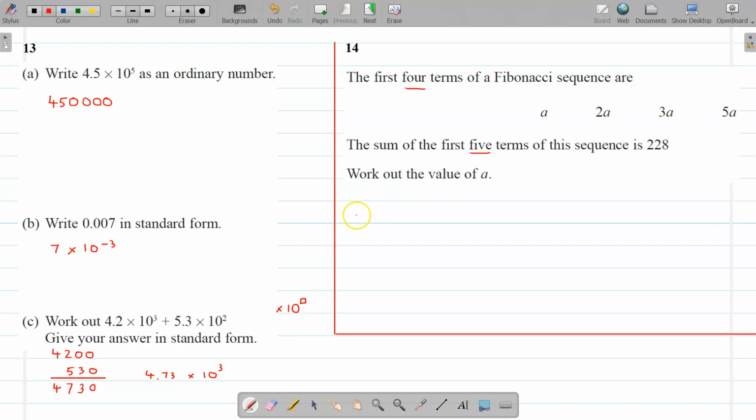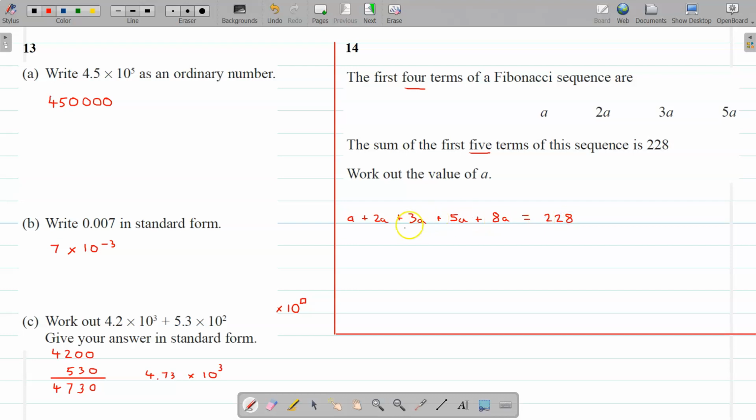So what I've got is that A plus 2A plus 3A plus 5A plus 8A must equal 228. This would be my working out.